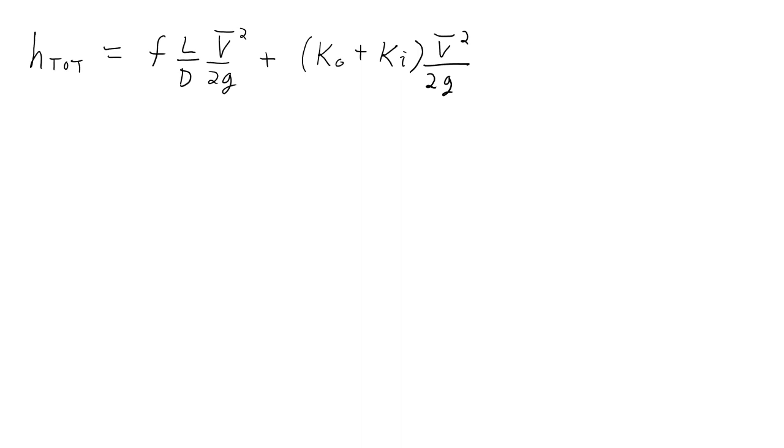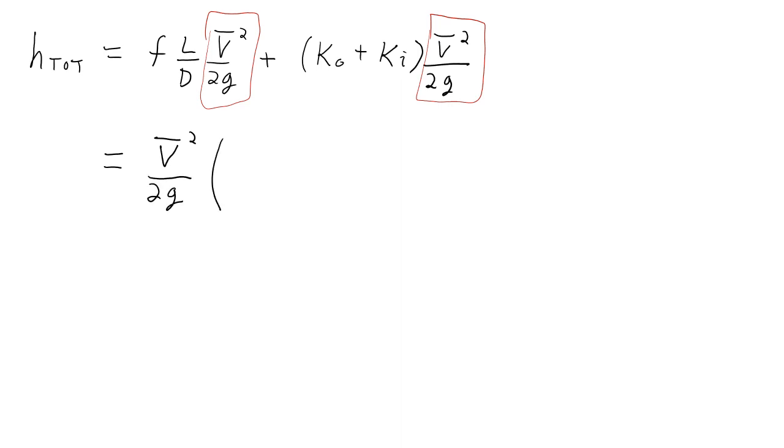Notice there's a common factor of V squared over 2g in all of these. So we can simplify and say the total loss is V squared over 2g times the quantity f L over D plus Ko plus Ki.